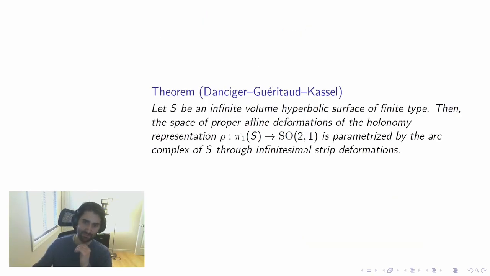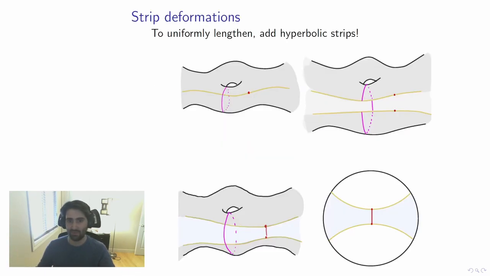The culmination of this is this theorem by Danciger, Guéritaud, and Kassel, which says that actually you get all proper affine deformations by doing these strip deformations.